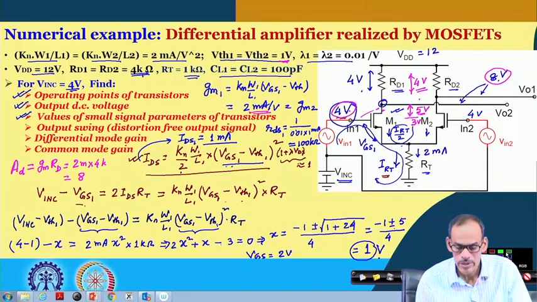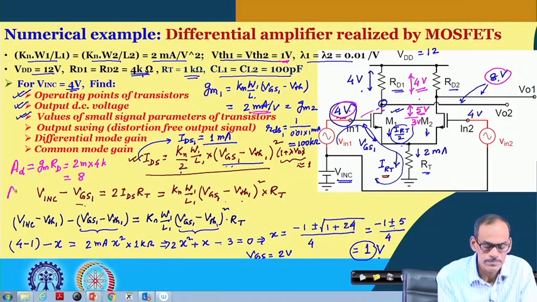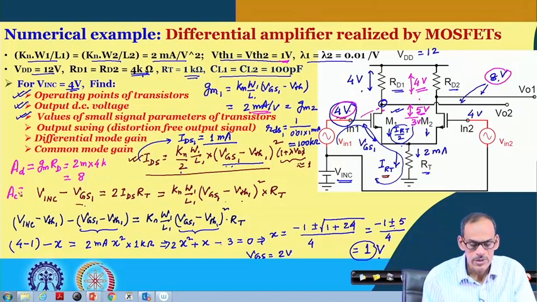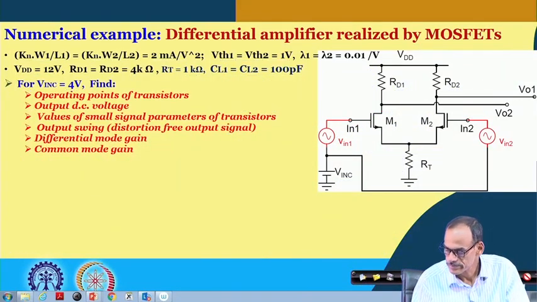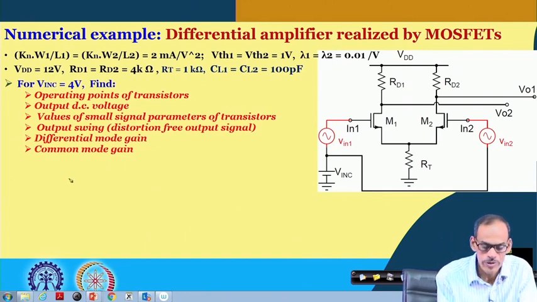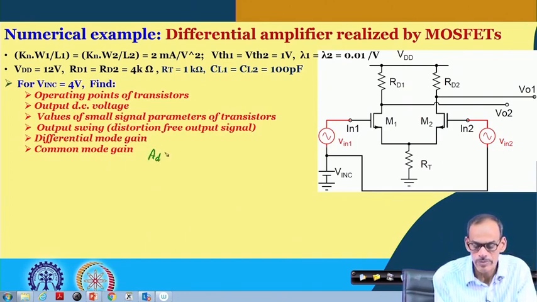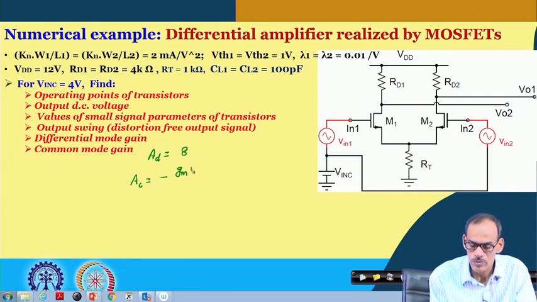And on the other hand, the common mode gain. Okay, let me erase some part of it, otherwise the board looks very clumsy. So, the common mode gain, so what we said is that AD we obtain equals 8 and AC is equal to minus GM into RD divided by 1 plus GM into 2 RT.